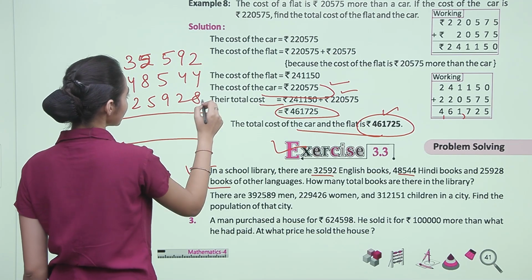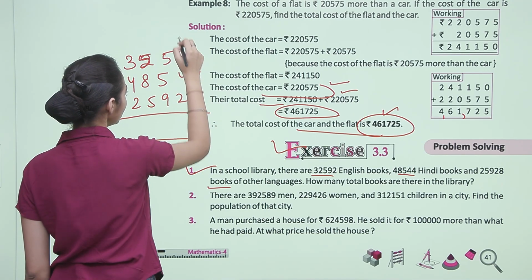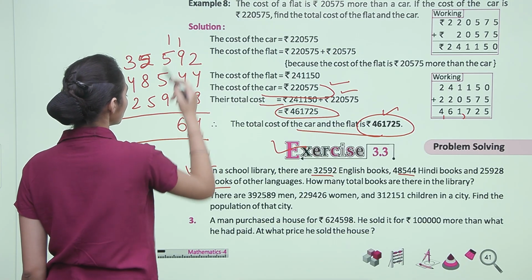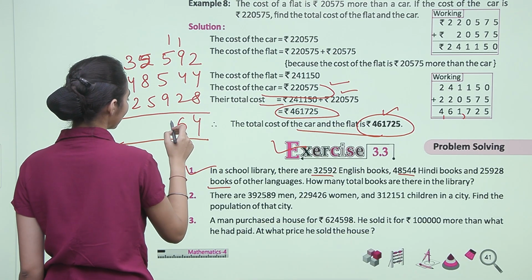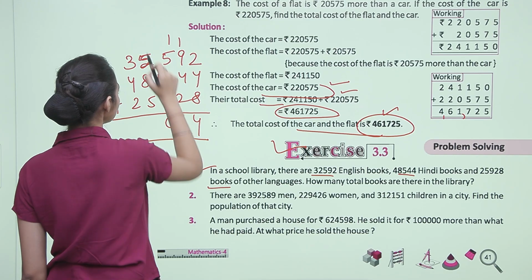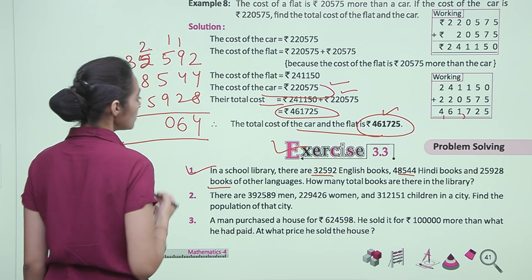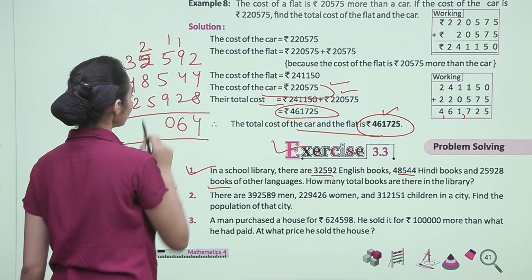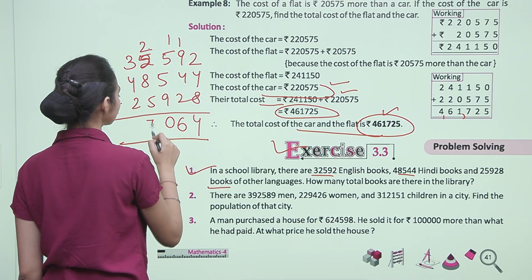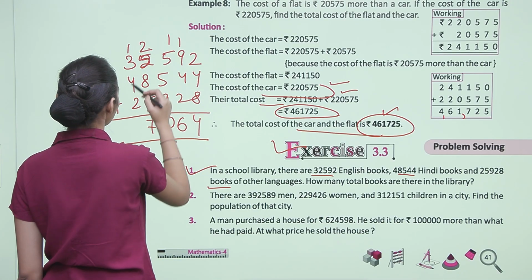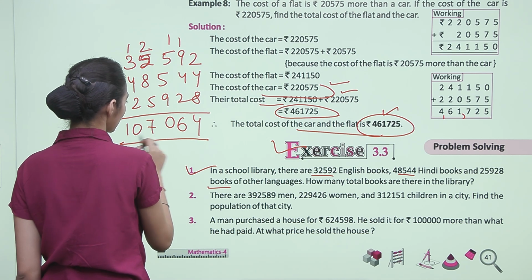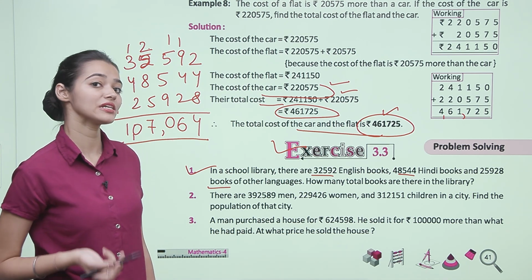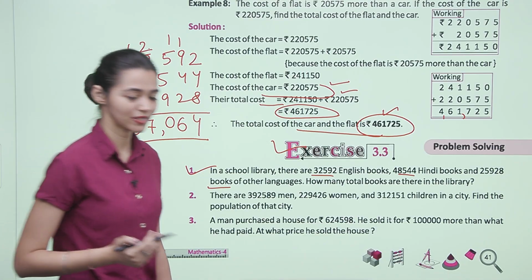And when we add them, it is 8 plus 2 plus 4, 14, 1 carry over, 10 plus 16, 1 carry over, 5, 5, 10, plus 9, 19, plus 1, 20, 0, 2 carry over, 2 plus 2, that is 4, plus 5, that is 9, 9 plus 8, that is 17, 1 carry over, 4 plus 4, 8 plus 2, 10. So there are a total of 1,07,064 books in the library. That's how you can solve the remaining part.